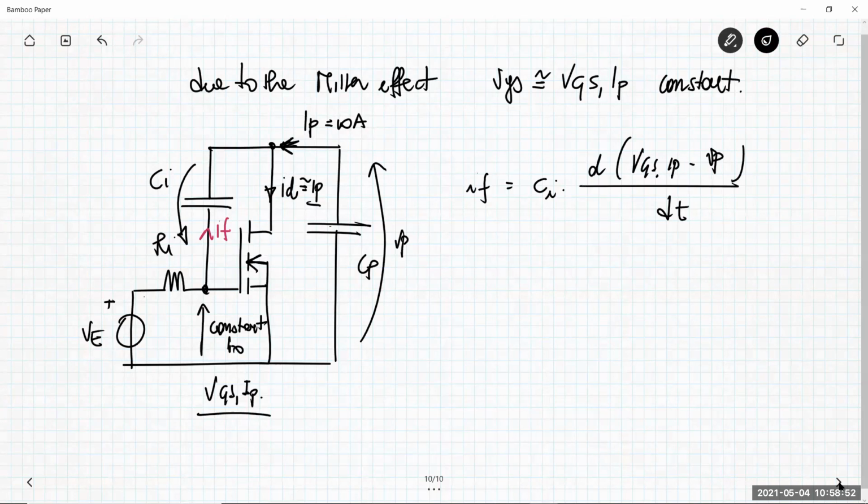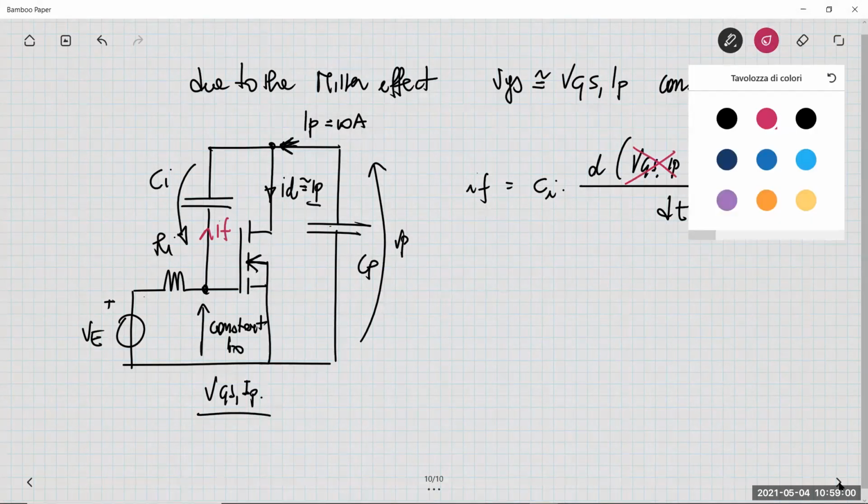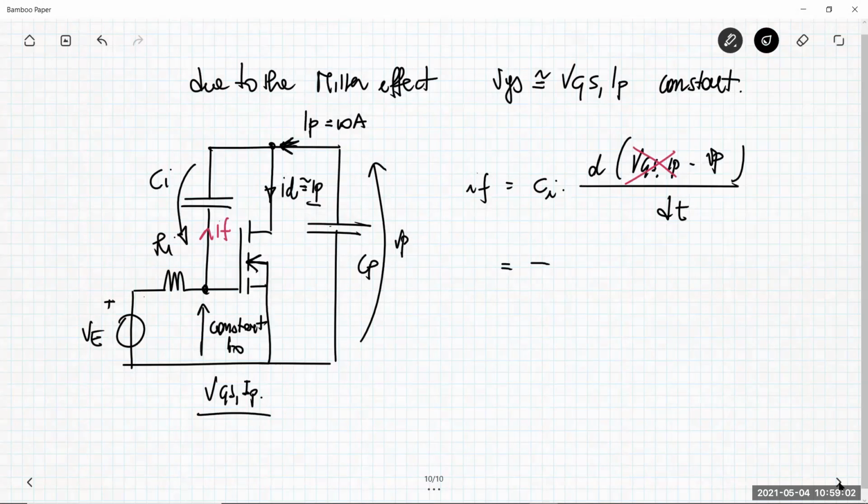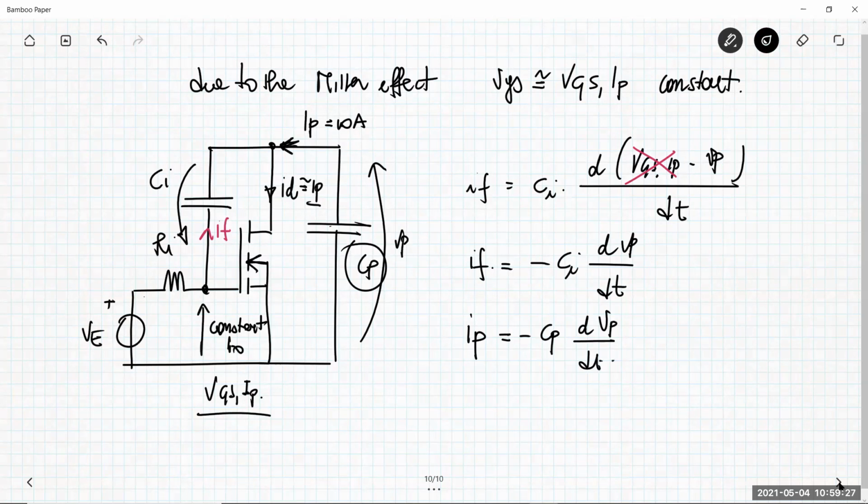Of course, in this derivative, this quantity, which is constant, does not play any role. So this is negative CI dVP over dt. This is IF. And the expression of the current IP: IP is the current flowing through CP, so it is negative CP dVP over dt.